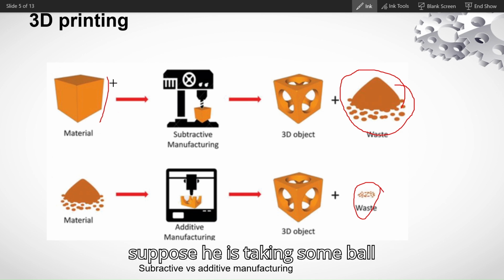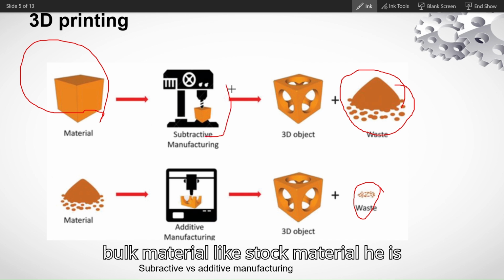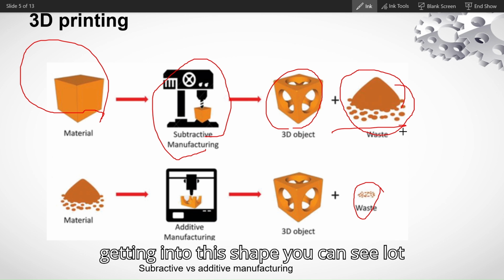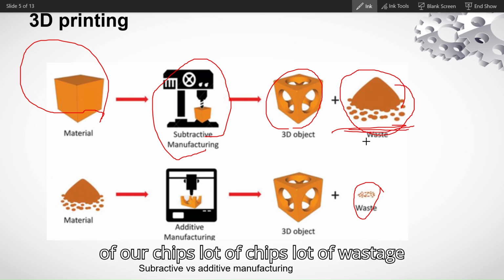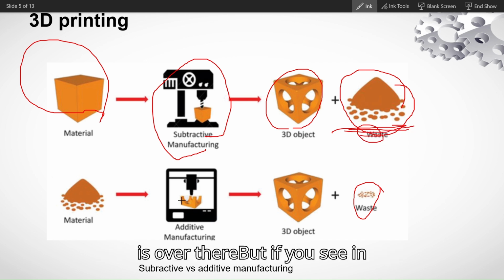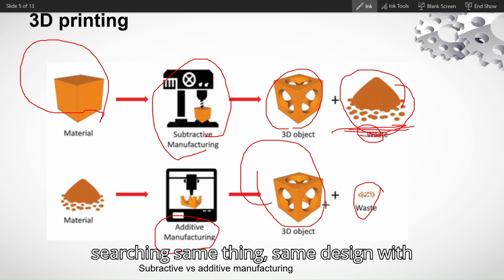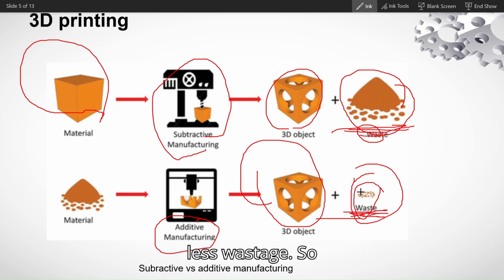Let's suppose he's taking some bulk material like stock material, machining it, removing the material and getting into this shape. You can see a lot of chips, a lot of wastage there. But in this additive manufacturing process, he's achieving the same design with less wastage.